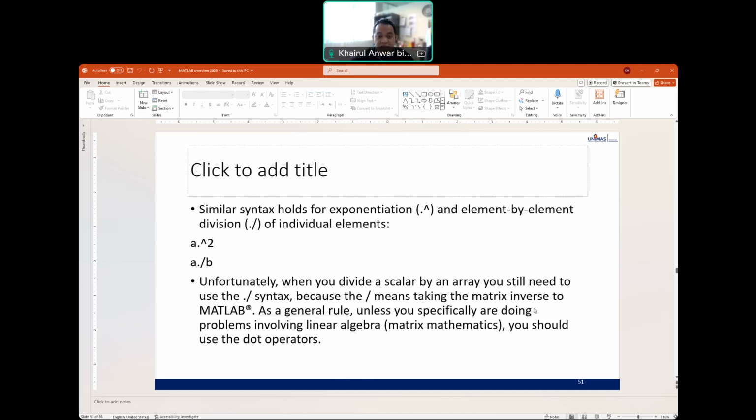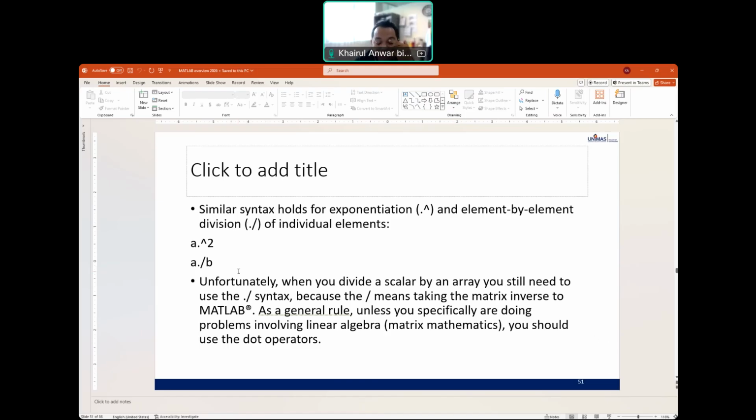The same syntax applies for exponentiation, dot exponentiation, and dot division. So unfortunately, when you divide a scalar by an array, you still need to use the dot. For multiplication, you can use either the dot or without the dot.